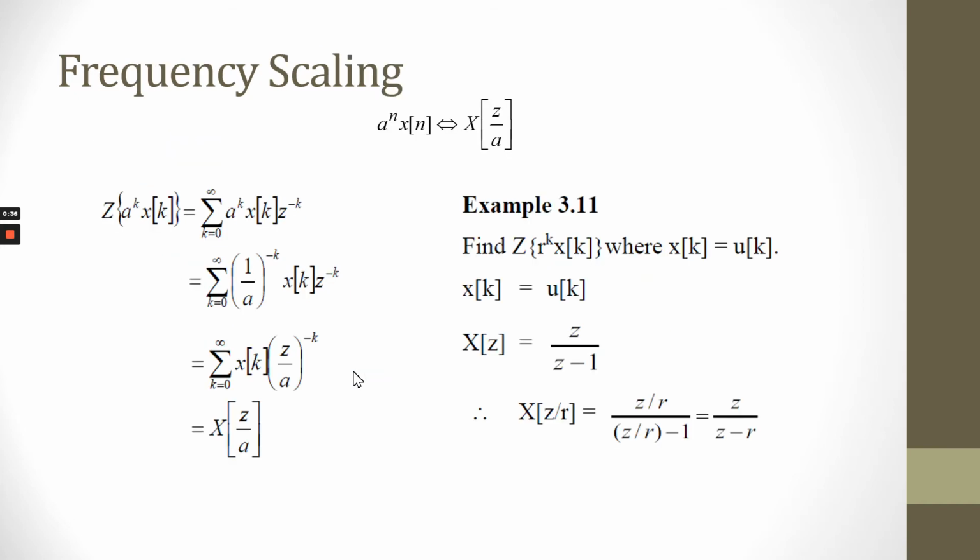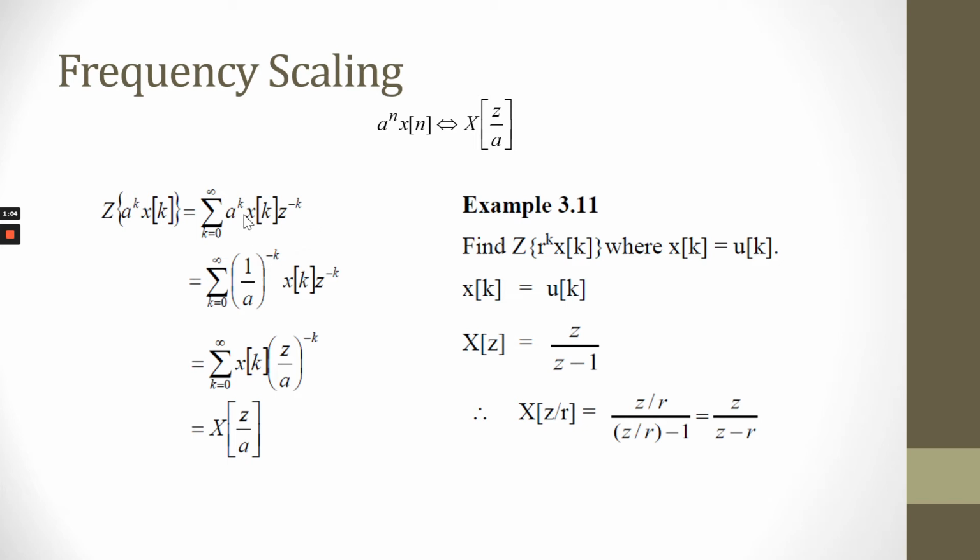The next one is frequency scaling, where you have this function a with the power of n multiplied with x[n]. So in the z transform, we have X(z divided by a). For this one, let's say we have a^k, so we multiply with the general equation of the z transform.